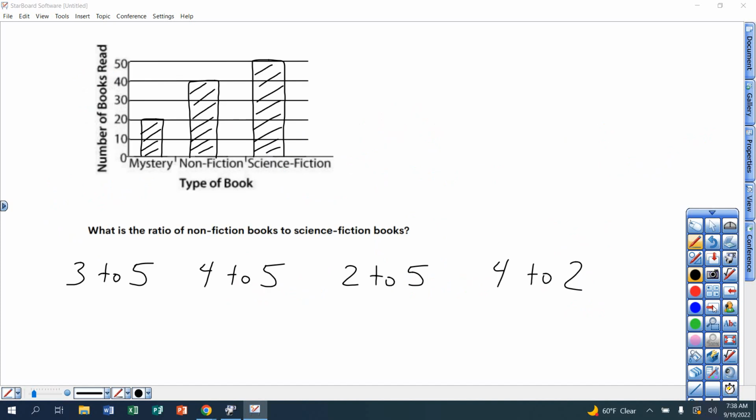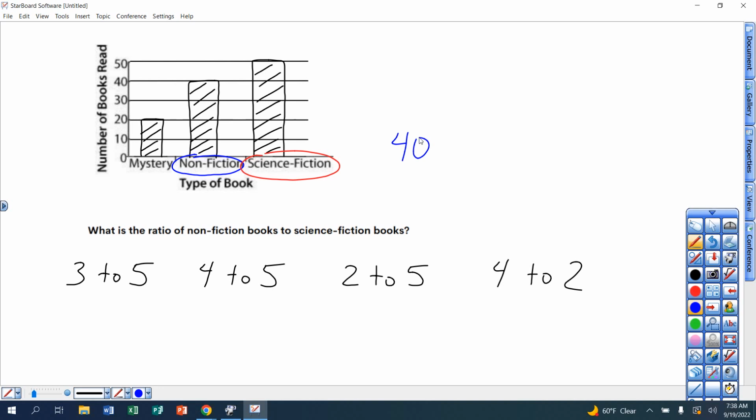If I look at this one, it's having you find the ratio of nonfiction to science fiction. So nonfiction, looking at this table, to science fiction, knowing my answers are a little bit different than what they're showing. So if I look at that nonfiction, that is 40.